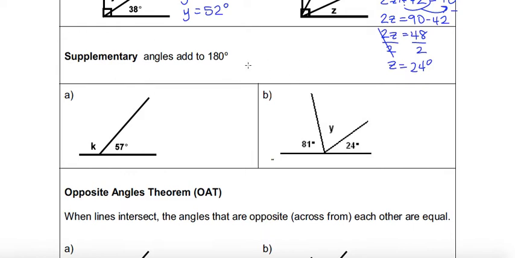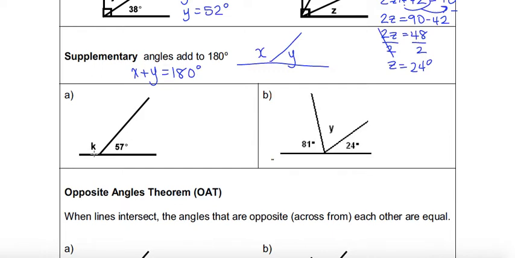So if this was my diagram, and I have x here and y here, then x plus y is equal to 180 degrees. So remember, you can represent them like this, or you can represent them as letters like we did up there in the first one.